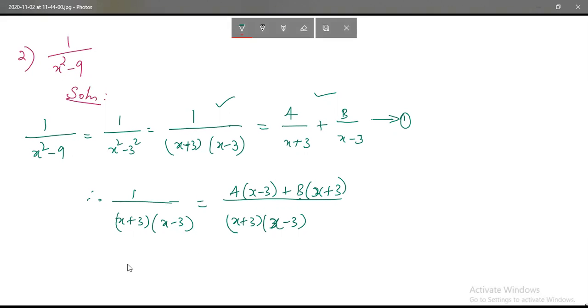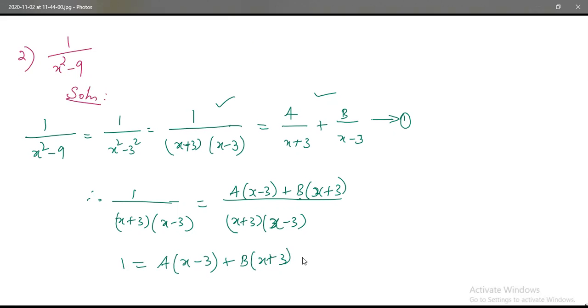And now the denominator gets cancelled, so you get, now equating coefficients of x and constants, or if you put x is equal to 3, a term eliminates, so you will get 6b is equal to 1, and from that you can find the value as b is equal to 1 by 6.